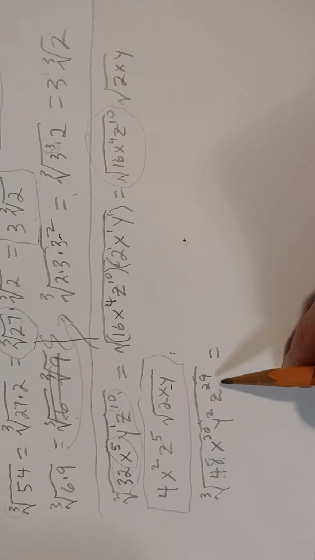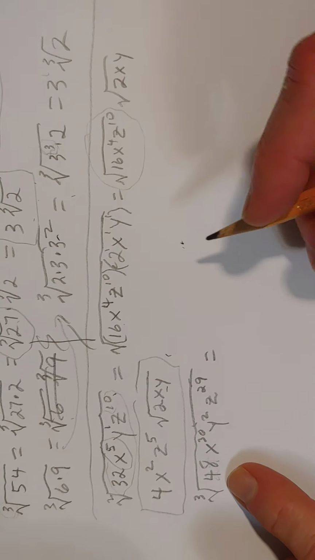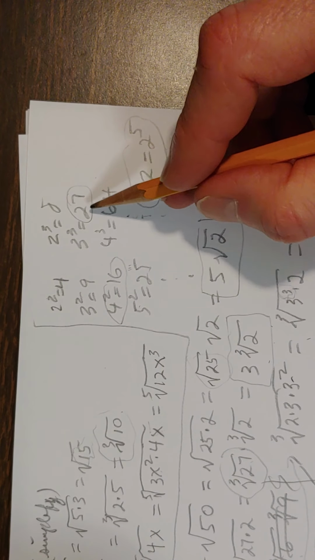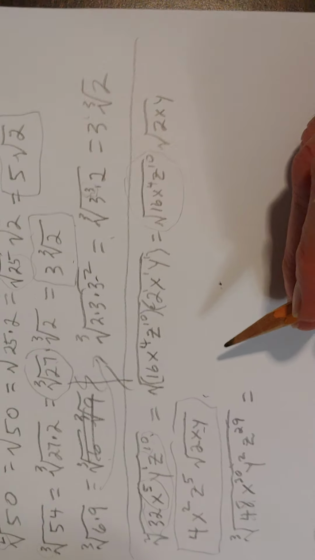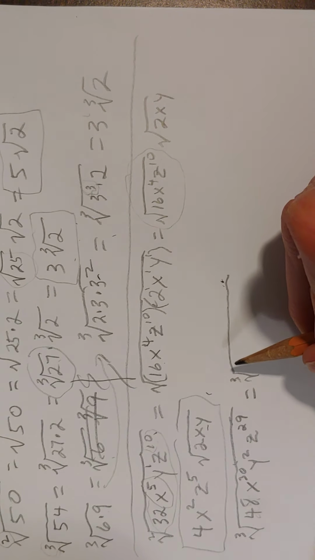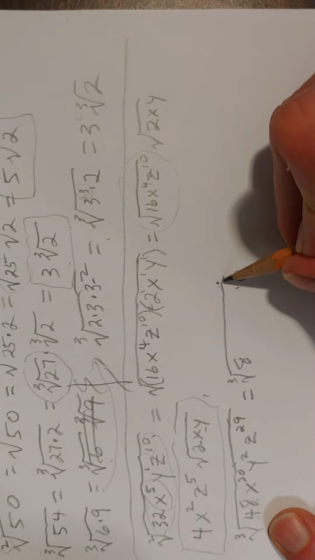If there's any perfect cube that divides the radicand, we can simplify this one. 48. Let's see, perfect cubes: 8, 27, 64. Oh, 48 is 8 times 6. So I'm going to write the 48 as 8, a perfect cube, times 6.